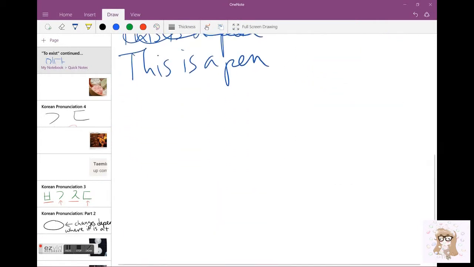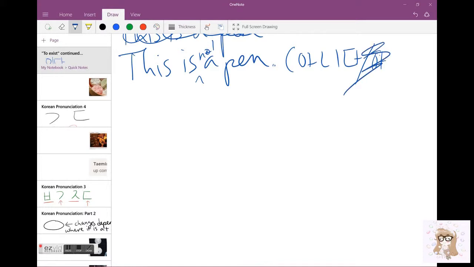Sorry, there's a bunch of things. Languages are really complicated. So if I want to say this is not a pen, which involves anida, yeah, anida. That's what I'm working with.